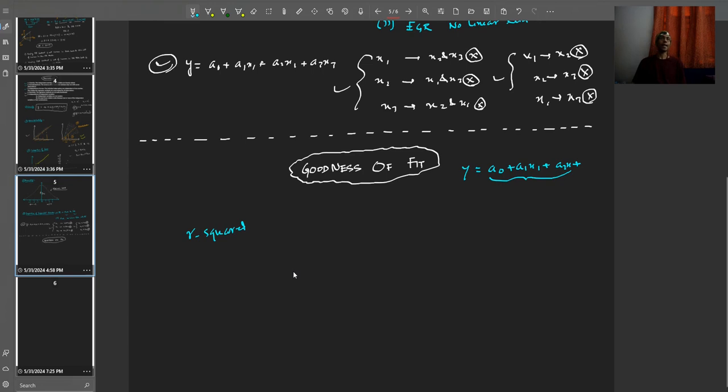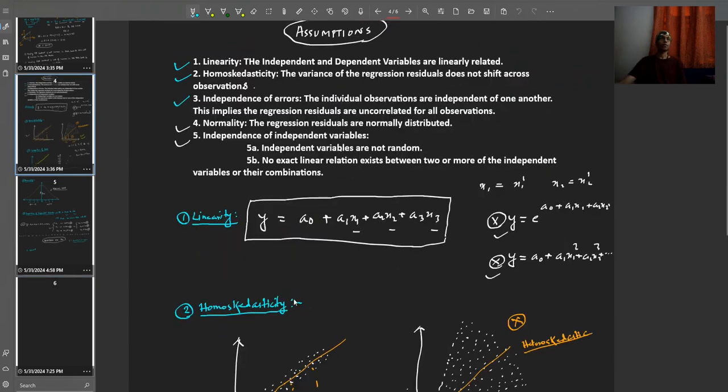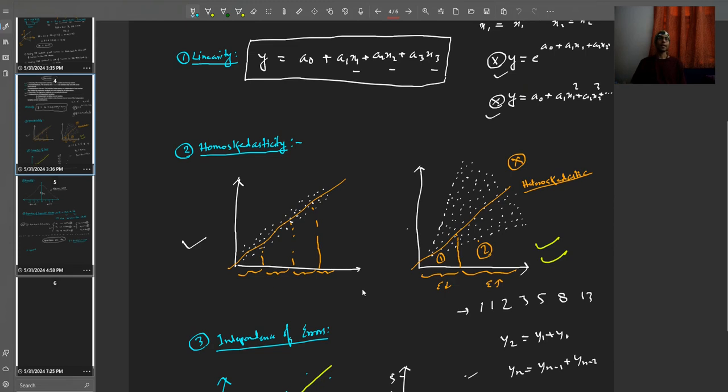Like we saw in the data here, friends, let us visit this. Here there is a line, right? This line is trying to be the best representation of these data points, right? But these data points are not exactly all on this line. Some of them are upward, some of them are downward. So there is some noise here. Now this noise has to be represented by something called the error.